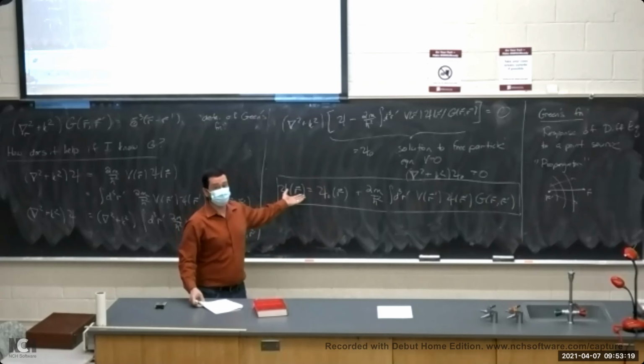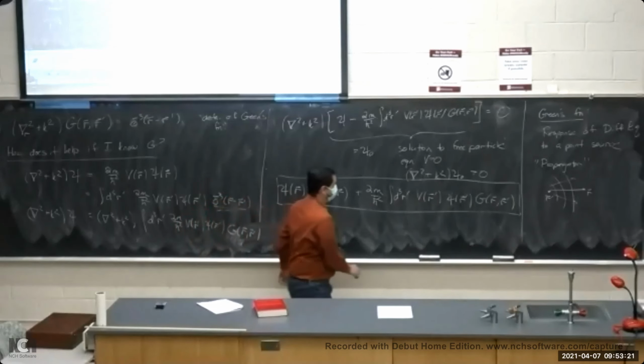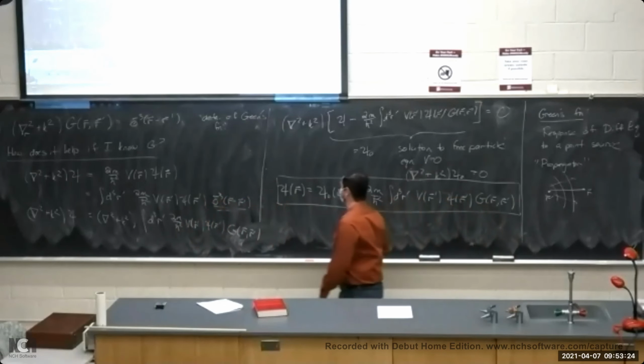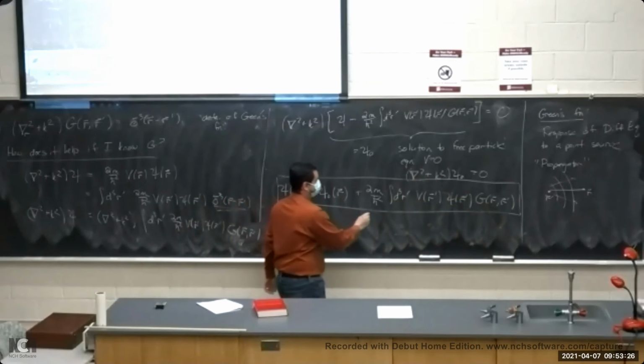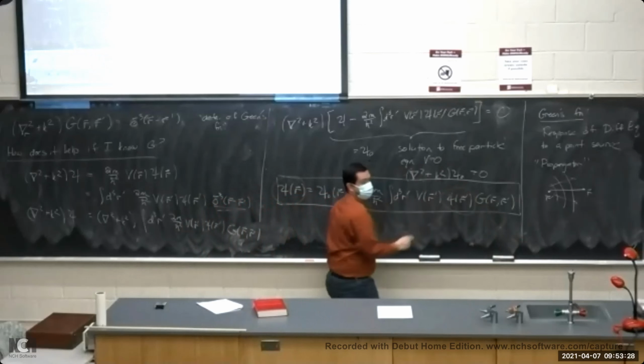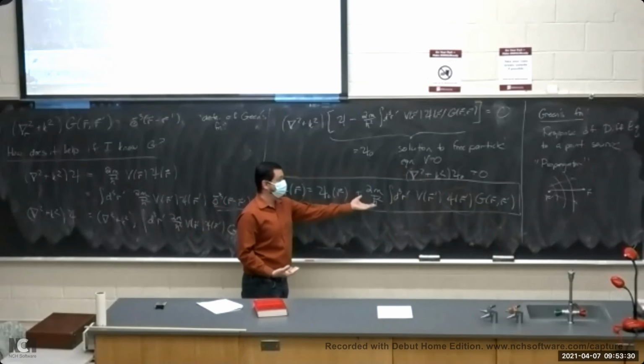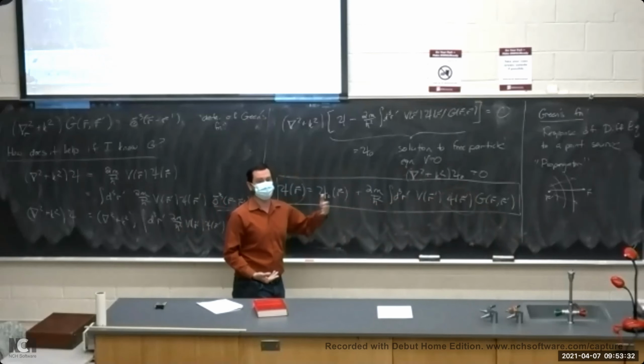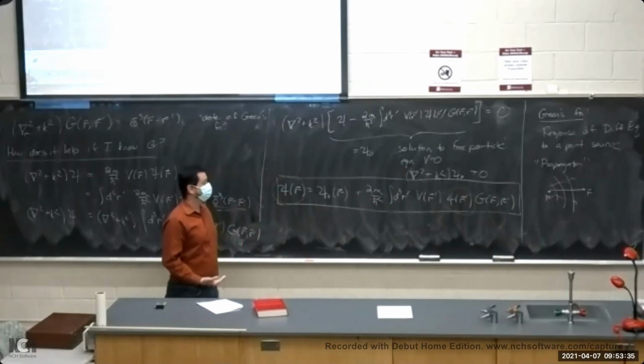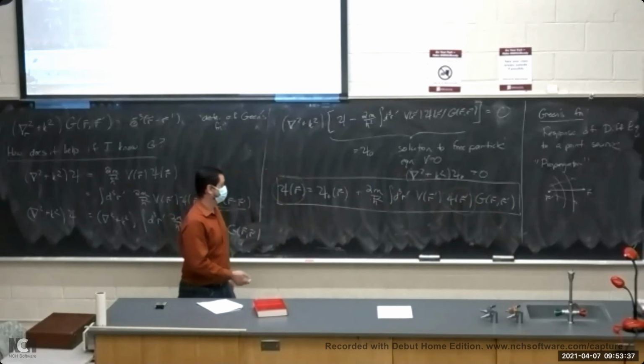Notice that this is an integral equation. I have psi on the left-hand side, the full solution here. Psi is also sitting inside the integrand here. So this is not an explicit solution, this is an integral equation that lets you turn the crank and calculate the full solution iteratively.